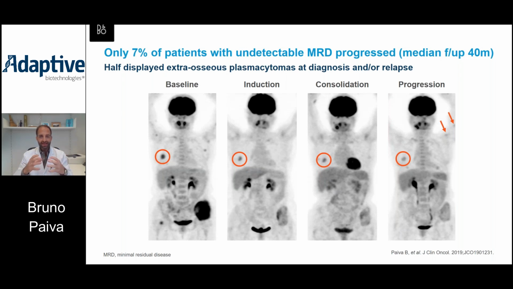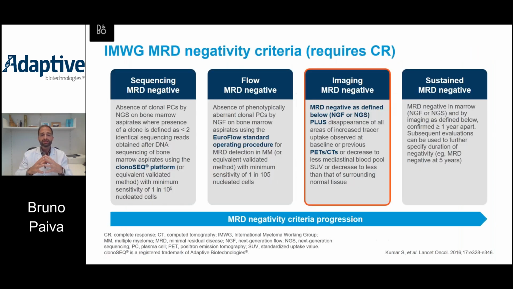And this is emphasizing the fact that for some patients, certainly those with any sign of extramedullary disease at diagnosis, eventually elevated LDH levels, it is important to complement sequencing or flow MRD negative with imaging using PET-CT.